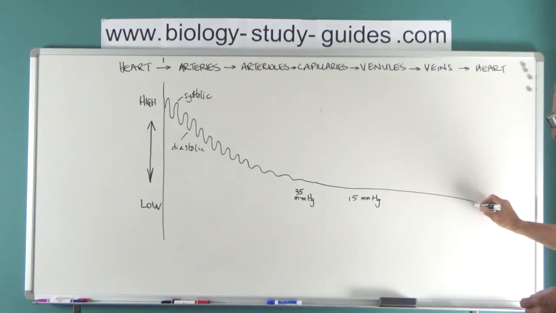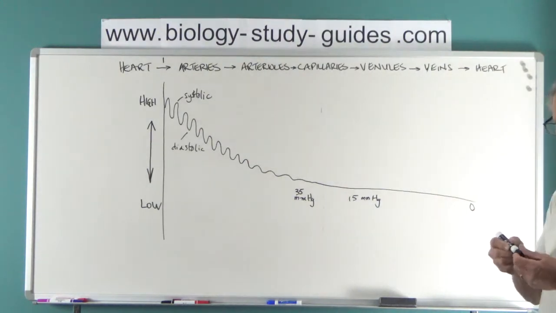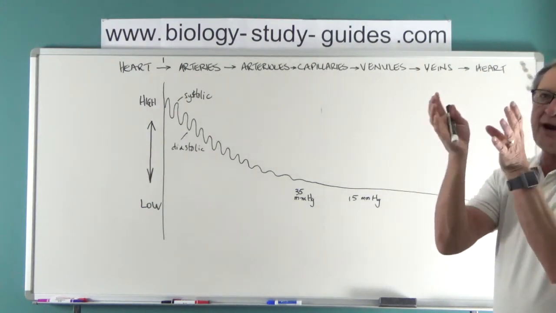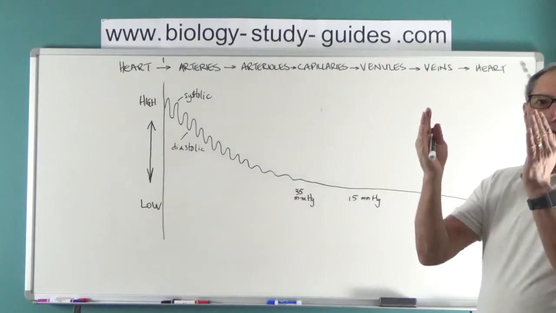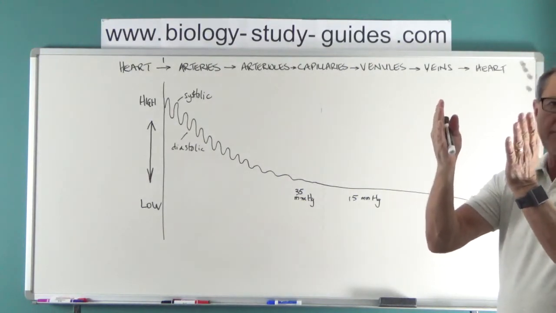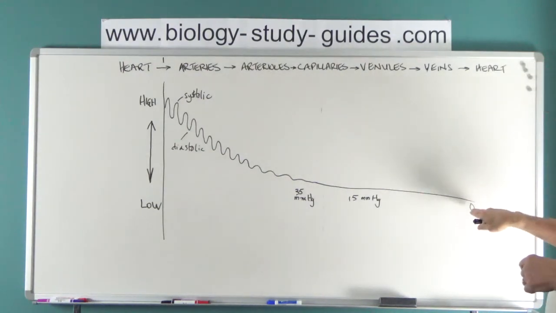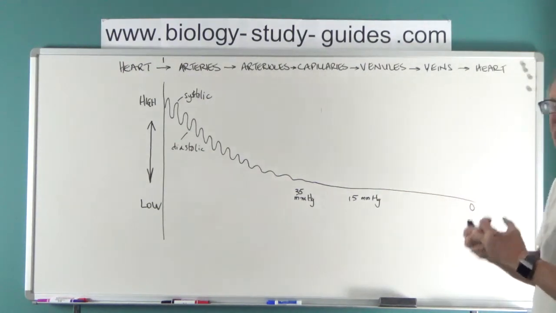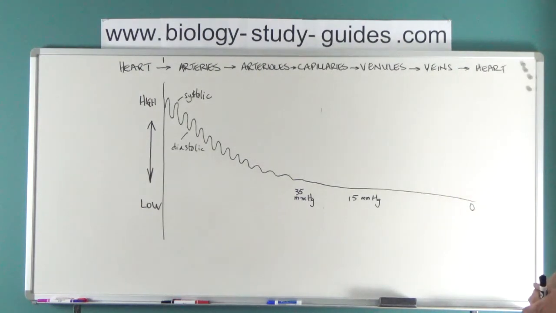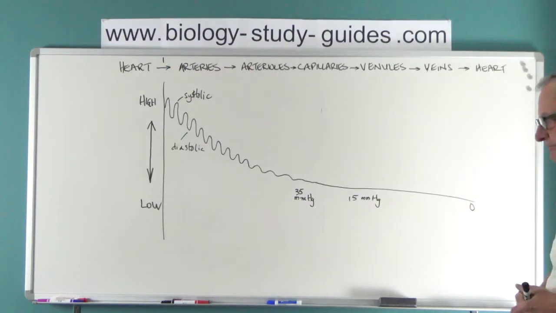At some times it might be 0, and as the valves from the right atrium open, allowing blood to get into the right ventricle, sometimes there's almost a vacuum type effect as the blood vacates the atrium, and it might even be slightly negative, so it's sucking the blood into the atrium. So that's the difference in blood pressure as we go from the heart back to the heart.